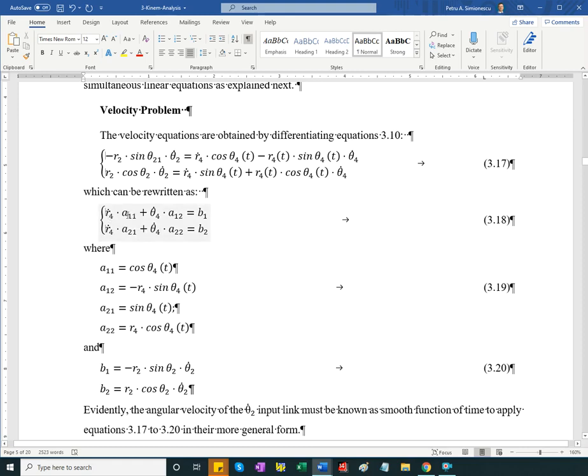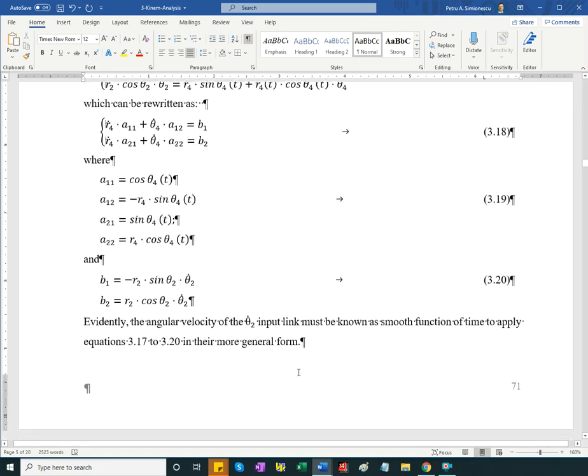And so yeah, identifying terms after taking the time derivative of the position problem yields this type of equation, where A11, A12, A21, A22, and B1, B2 have these forms.